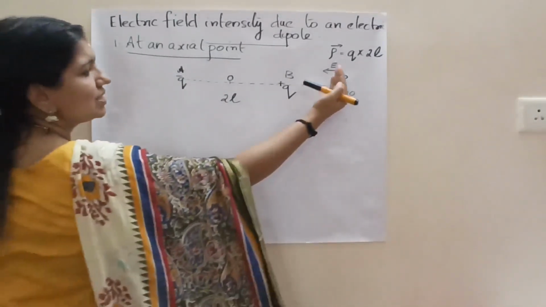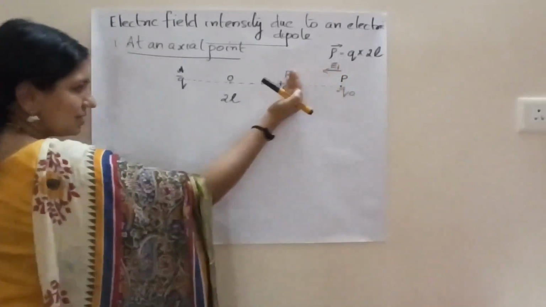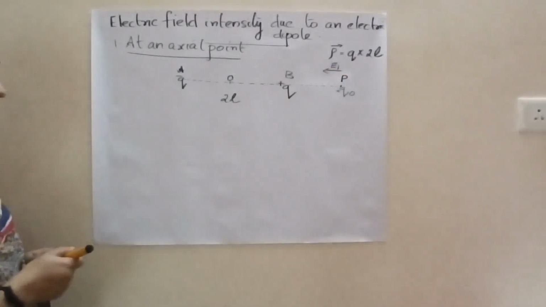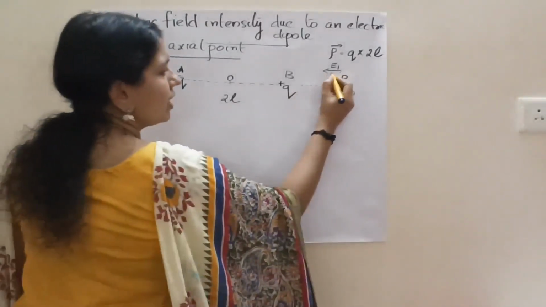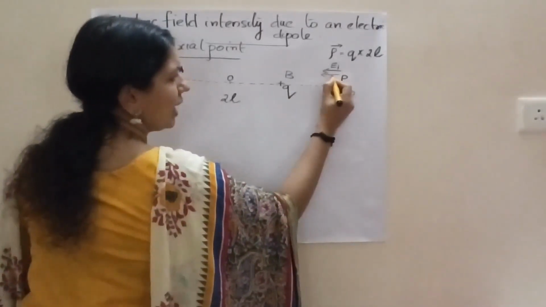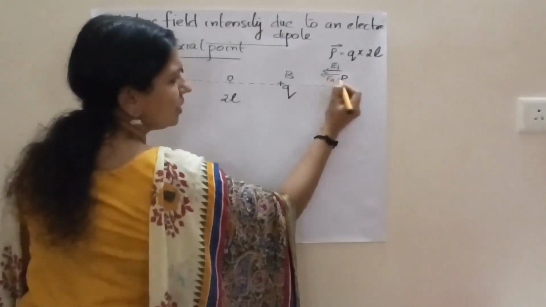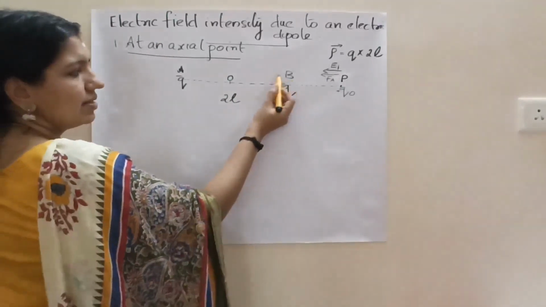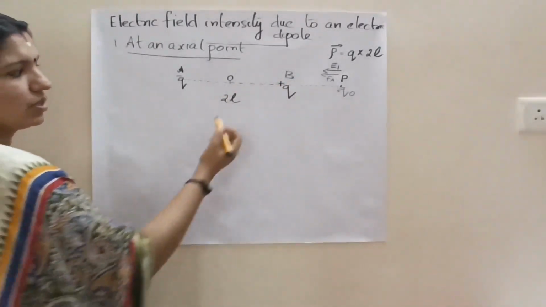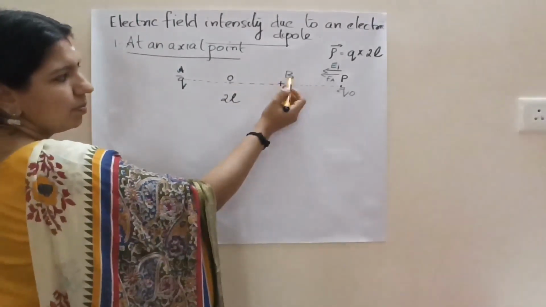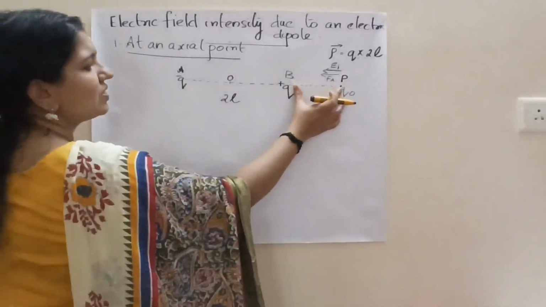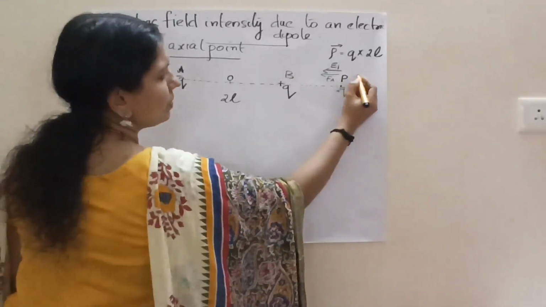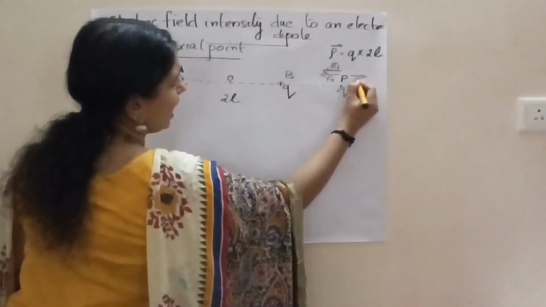That means the force experienced will be in this direction, which can be noted as FA. Then again, there is another charge, plus Q, placed at the point P. There is a force of repulsion between q naught and plus Q, so the force experienced will be in this direction. That is FB.